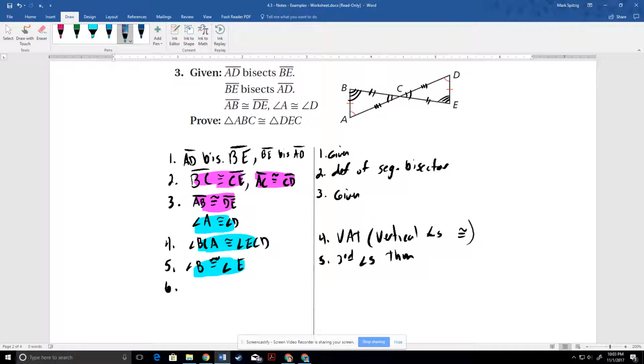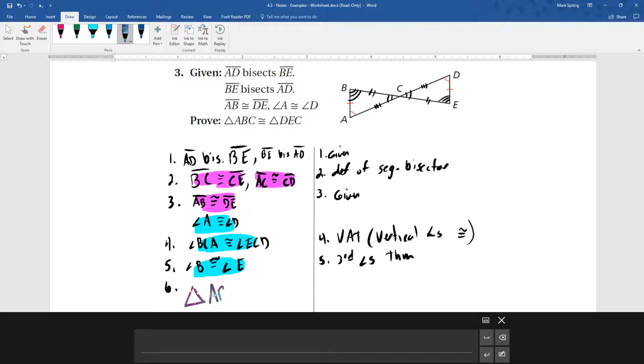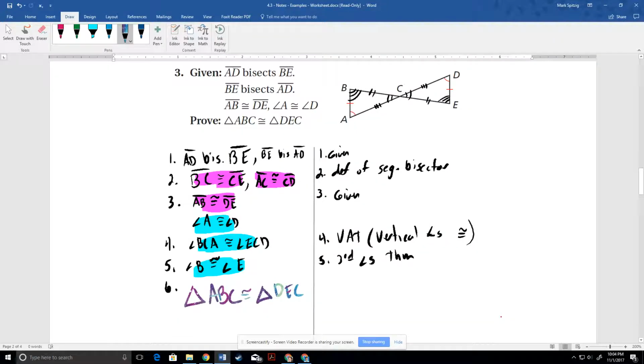So we can make the conclusion that triangle ABC is congruent to triangle DEC. And again, the reason is that's just the definition of congruent triangles, right? To be a congruent triangle, all 6 parts are congruent.